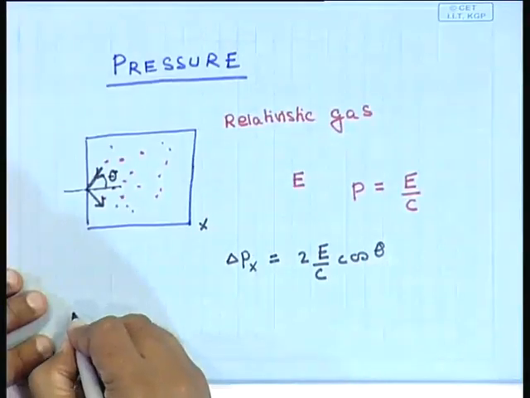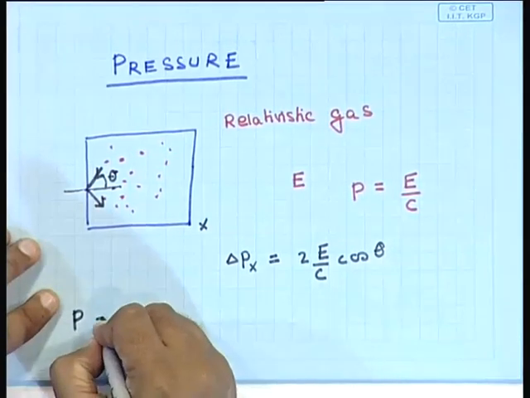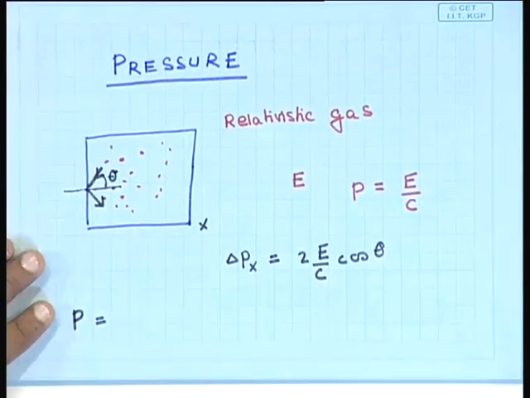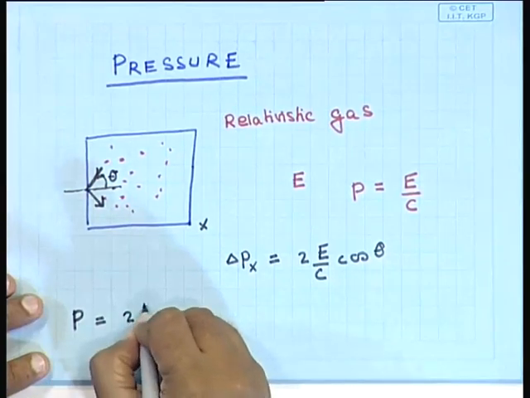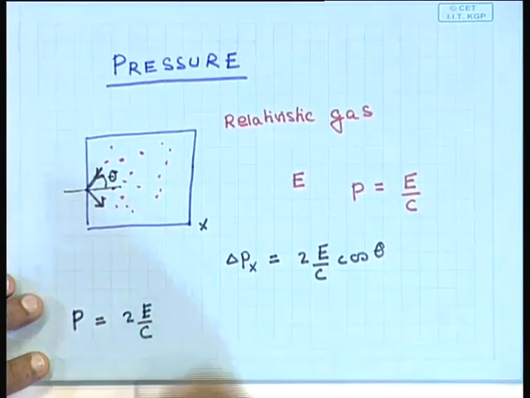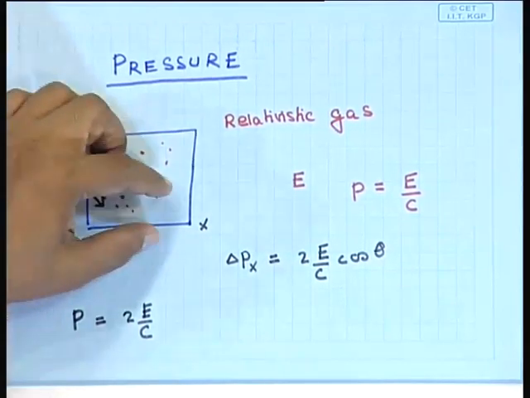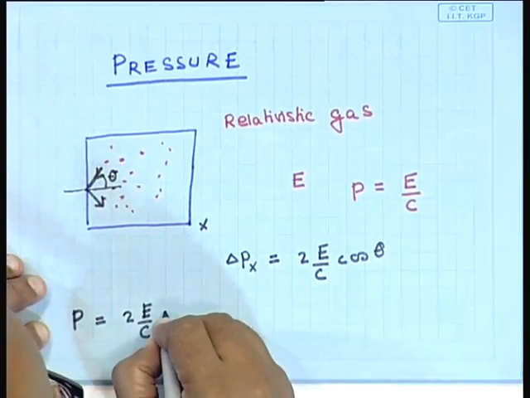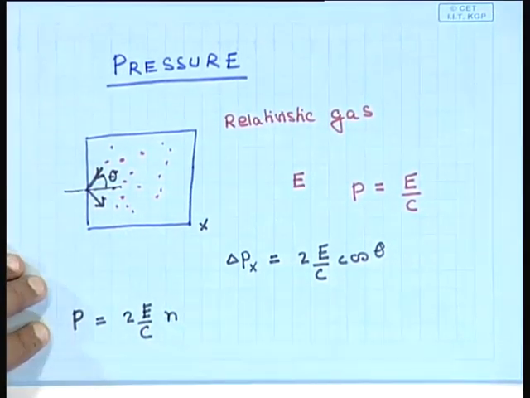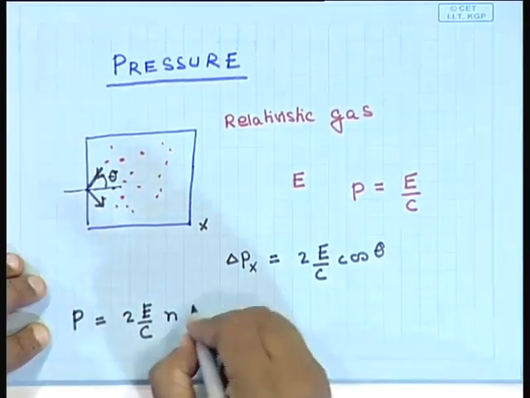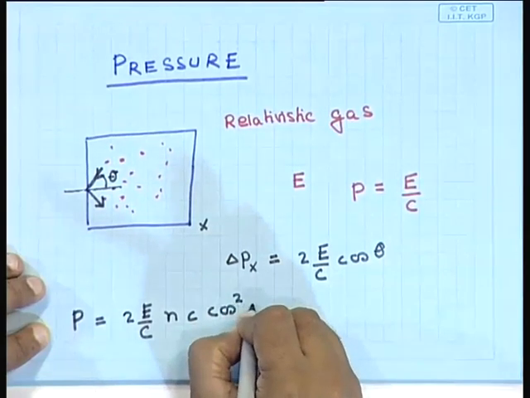So, the pressure, straight away we can say, is 2 E by c, this is the change in momentum, times the rate at which they are crossing this, which is the number density of particles times c cos theta. So there is a factor of cos squared theta now.